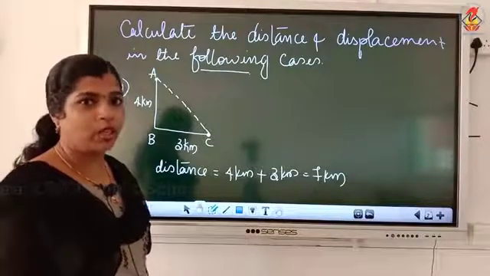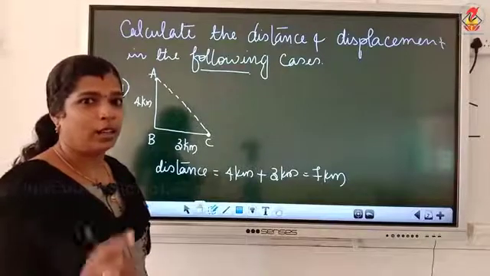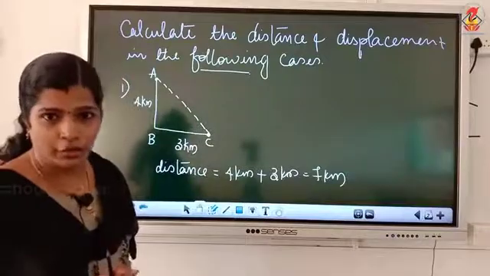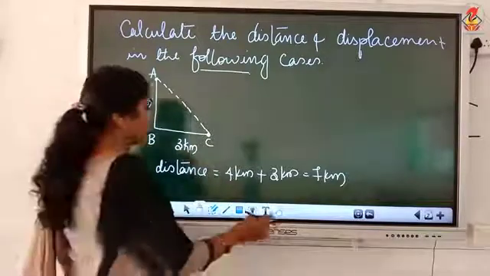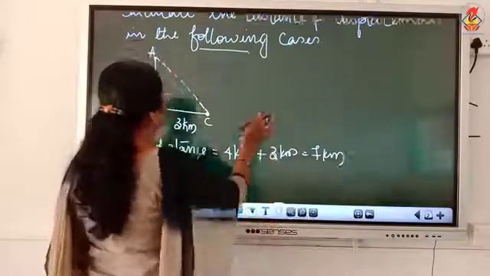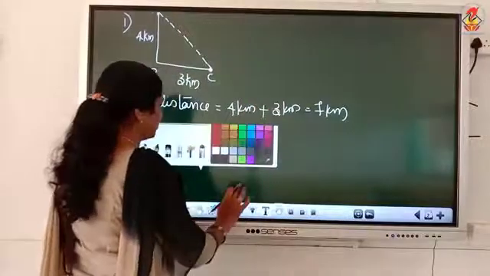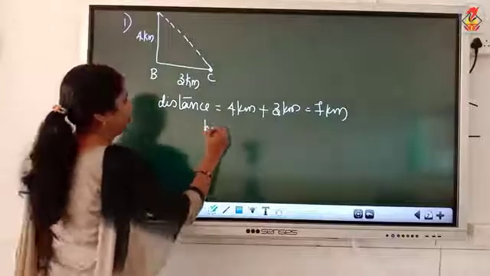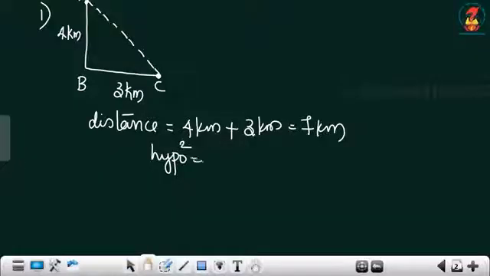What's the equation? Hypotenuse square equals base square plus altitude square.